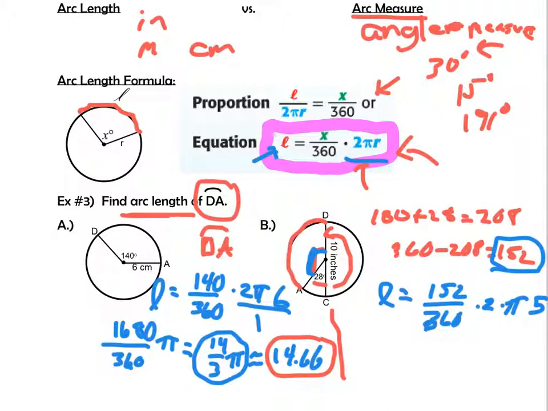And this will all simplify to 1520 over 360, and I can reduce that to 38/9 pi. Okay, 38/9, and before it was reduced, it was 1520 over 360, and of course, plugging that into my calculator would give me 13.26.